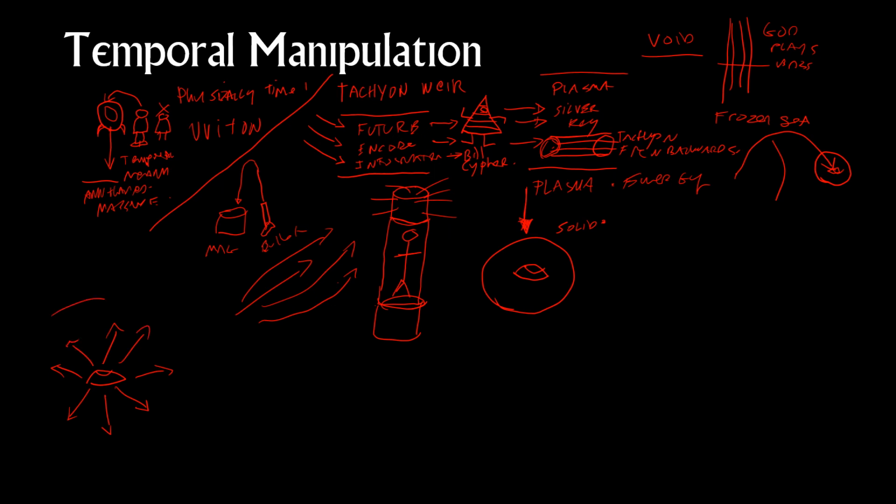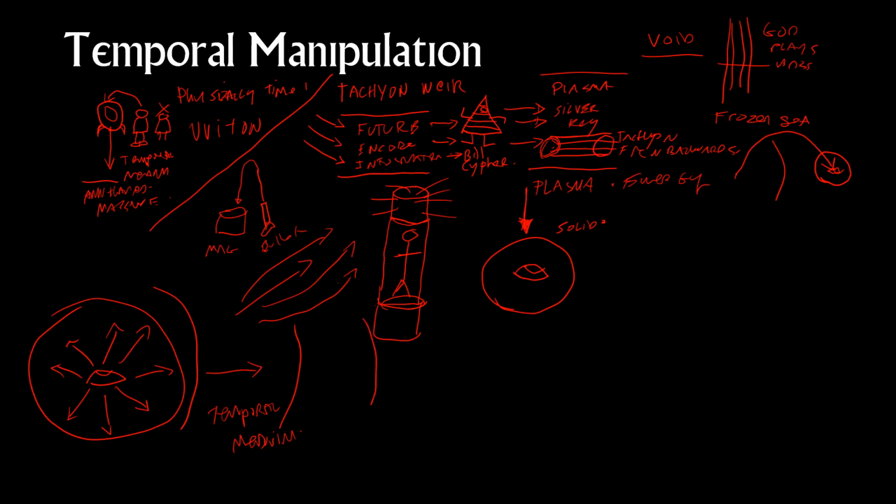Is that generating a new wave outwards, in which case you're still going to be pushed by your temporal medium, right? And that means you'll never actually be affected by the effects of this time travel, or this temporal manipulation, because you're not actually traveling.